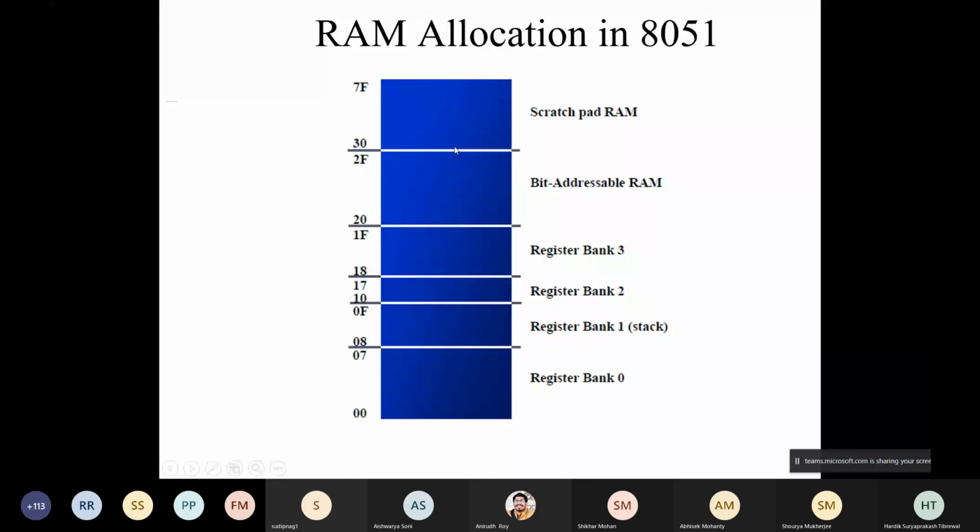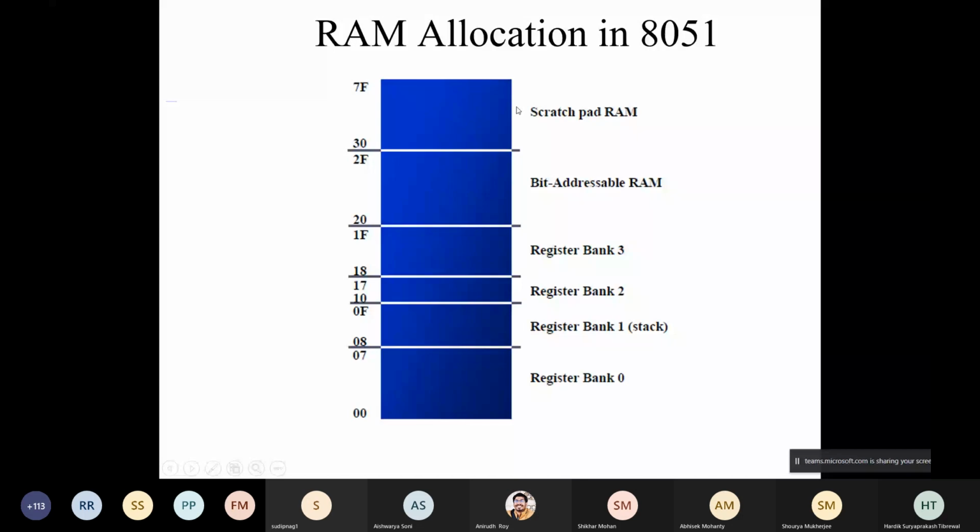Bit addressable means 1 bit at a time can be addressed anywhere within these addresses. That is possible because instructions are designed so that bit addressing is allowed in this region of addresses and not allowed elsewhere.